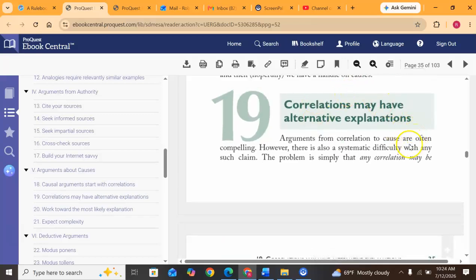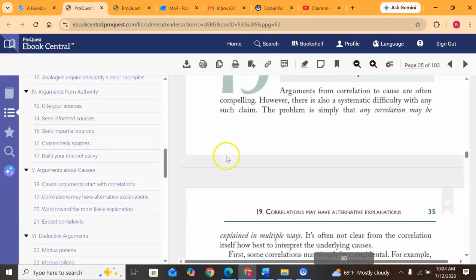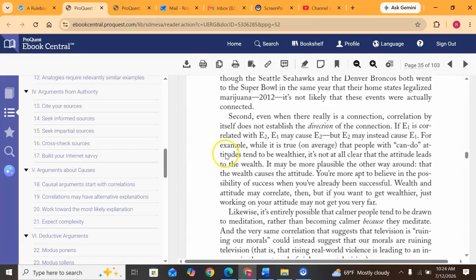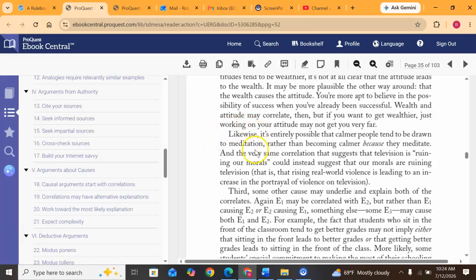And he put some cautions in here to not jump on the bandwagon of your favorite explanation until you've at least admitted that there are a couple of other ways.